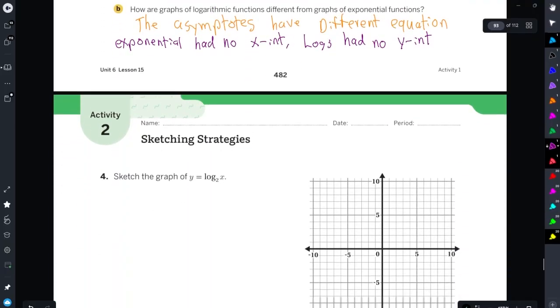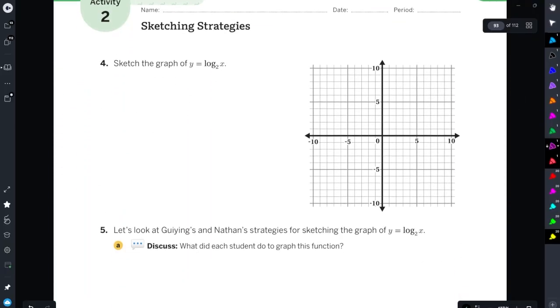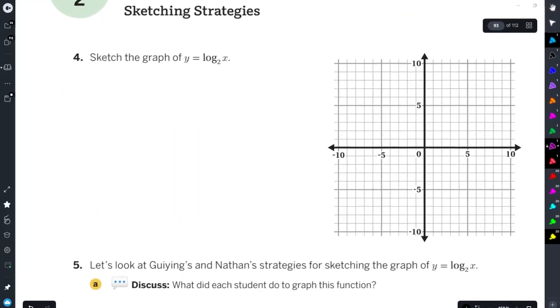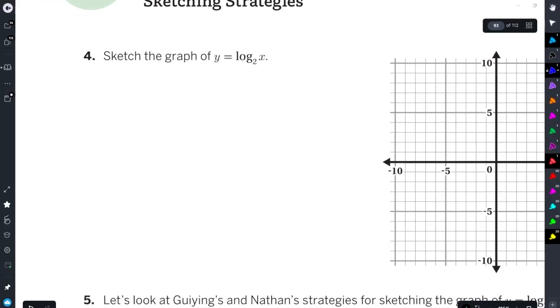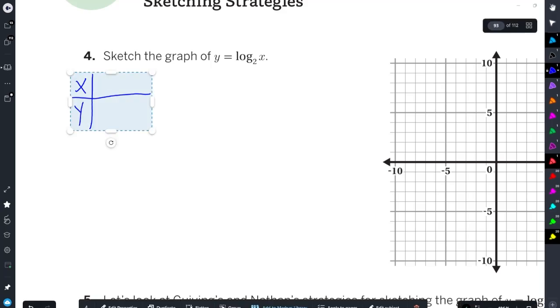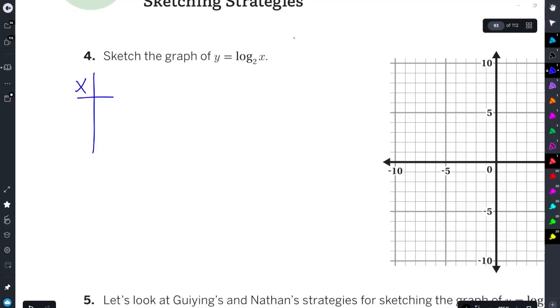Now let's go on to the next page and we're going to graph a log function. Now the log functions, we always start with an x, y table, and the points are always (1, 0) and (b, 1). Well, what's our b value?